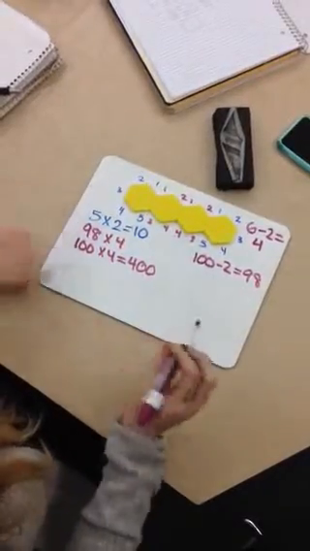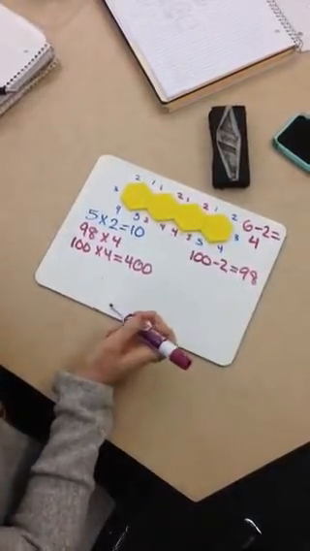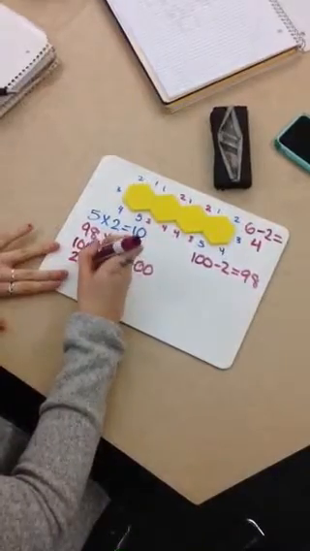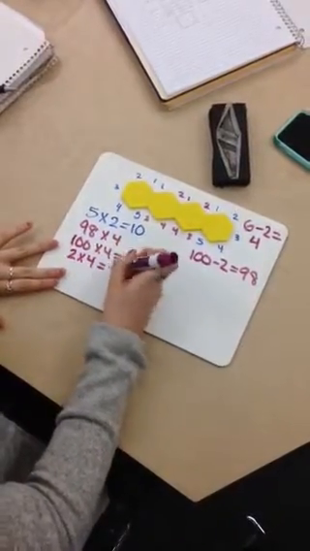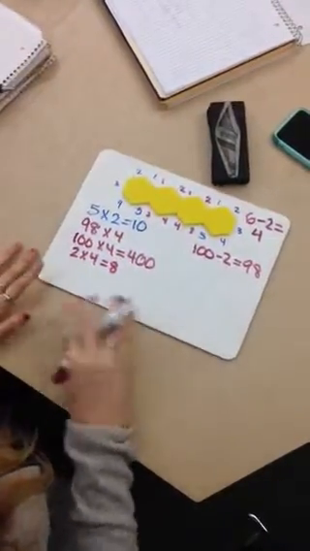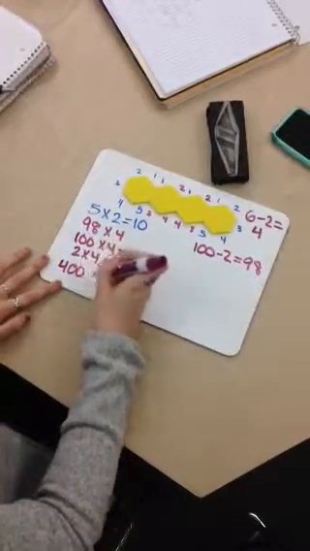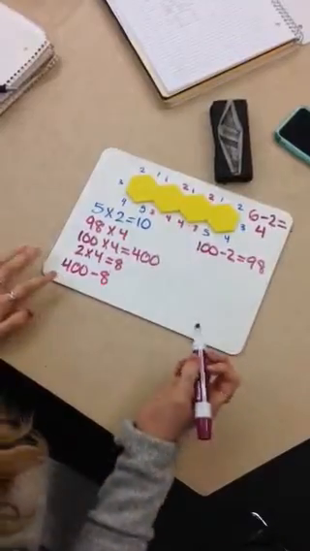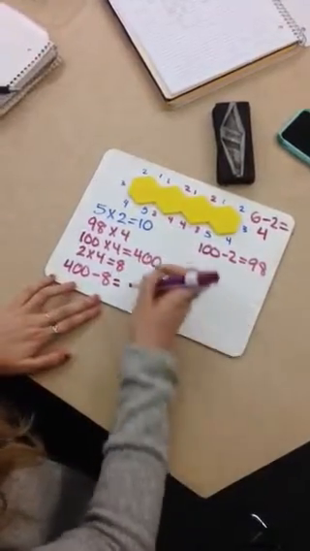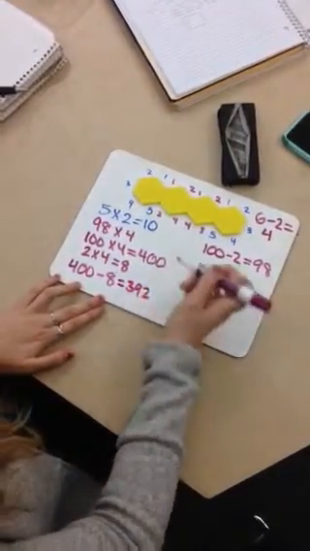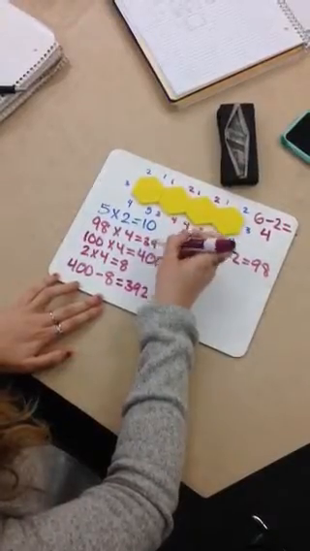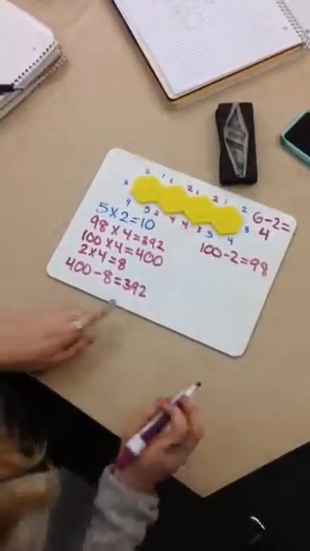So there's 4 groups of 98, and I need to subtract 2 for each of those groups. So I can multiply 2 times 4, which equals 8. So I need to subtract a total of 8. So I can do 400 minus 8 to equal 392, which is how much 98 times 4 would be.